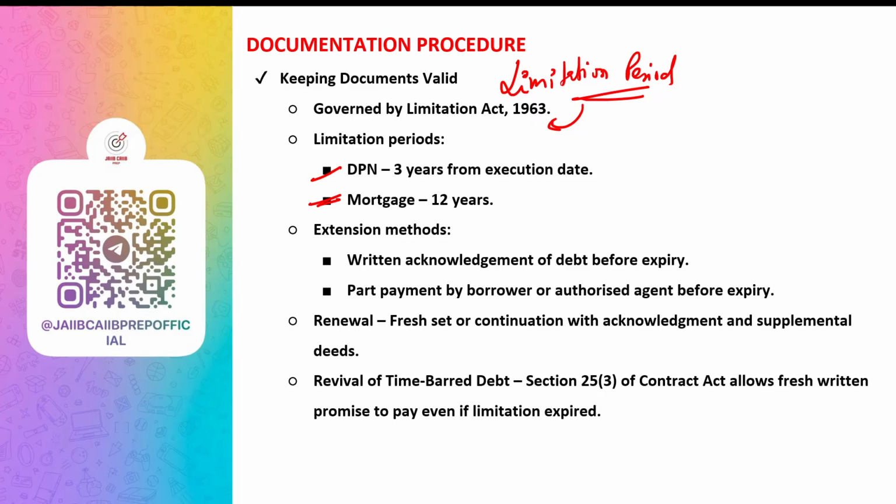If the limitation period has already expired, fresh documents must be signed, or Section 25(3) of the Contract Act can be used. The borrower can make a new agreement, a new written and signed promise to pay a time-barred debt. So this creates a fresh cause of action, right?